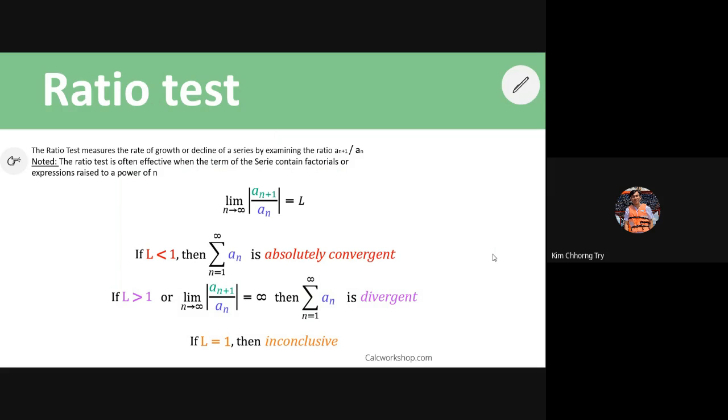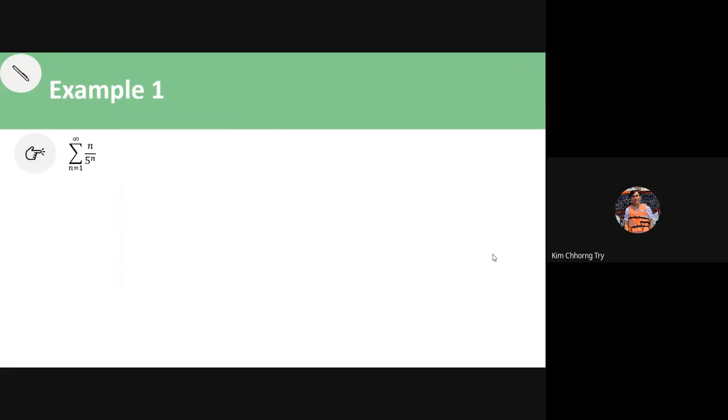Now let's look at an example. The first example is the series sigma of n over 5 raised to the power of n.